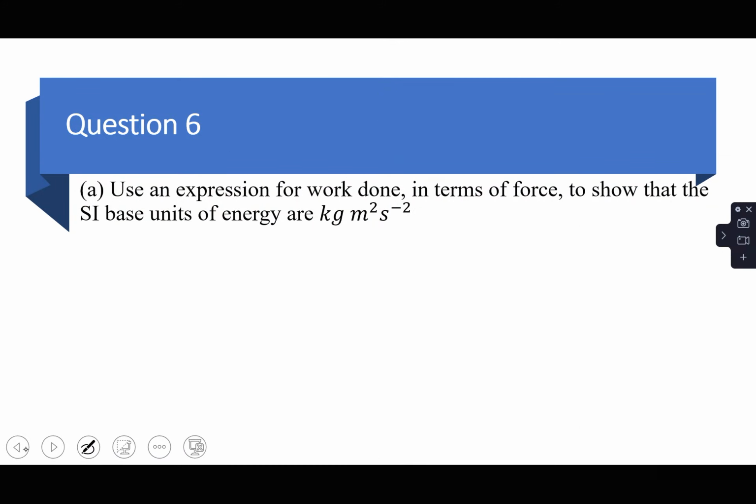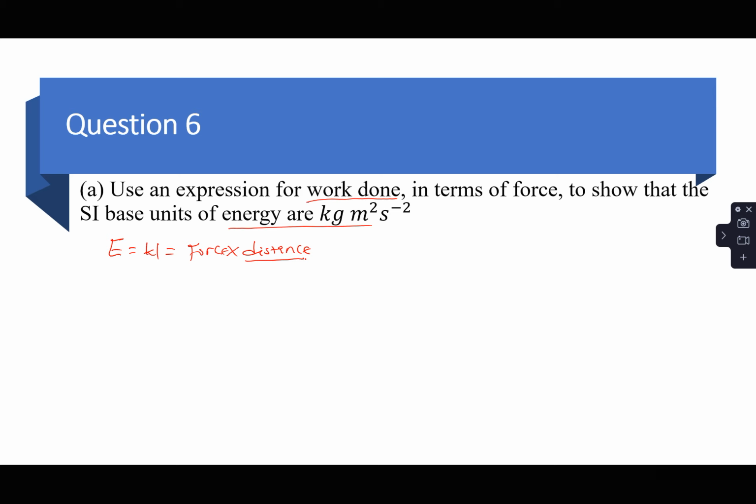Oh, sorry, I have to go back to question number 6. Question number 6. Use an expression for work done. Here we are now very specific to show that the SI base units of energy are that. So work done is energy in motion. So energy is going to be equal to work done, which is equal to the force times the distance, but this is distance in the direction of the force.